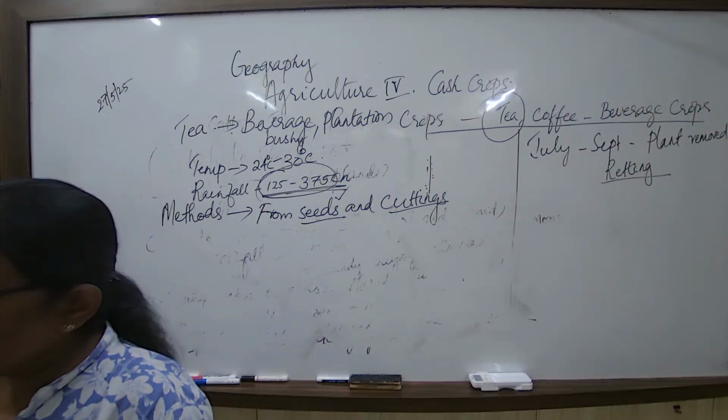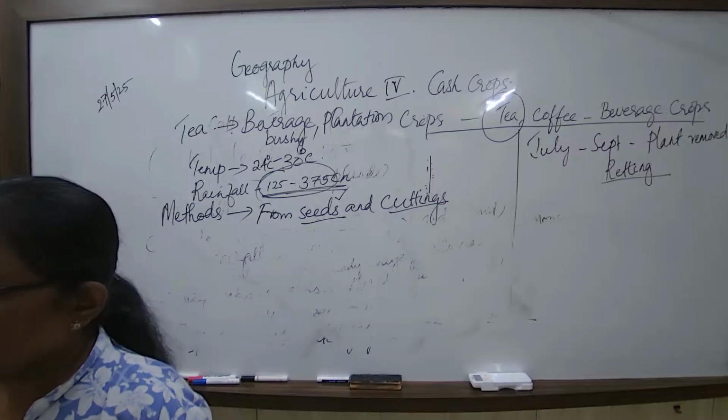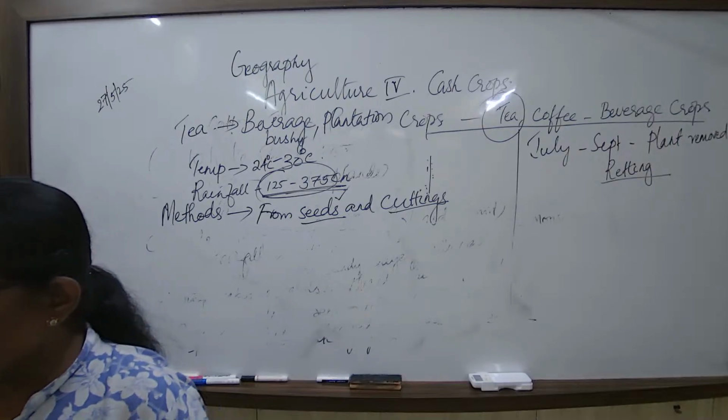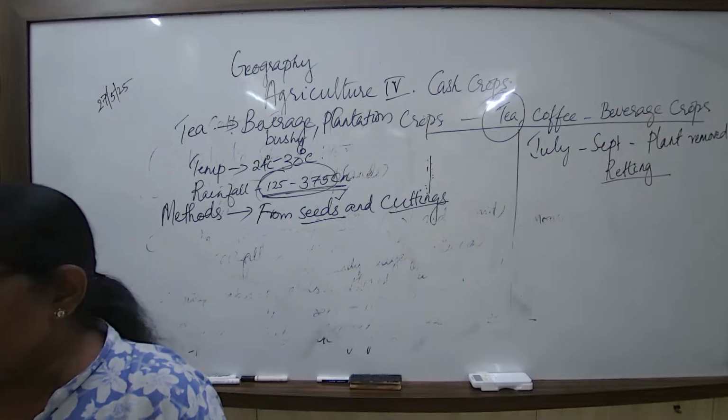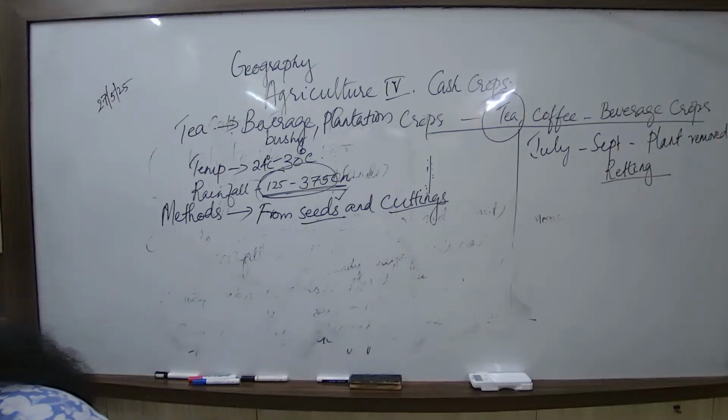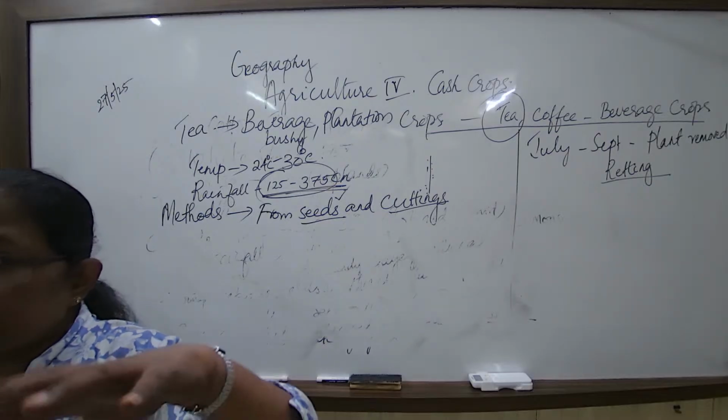That also, few months it should stay. When other crops are there, few days only it is required to grow, but here few months are required to grow into a plant. Then plants are positioned 3 meters apart. 3 meters, as it is a tree type plant.